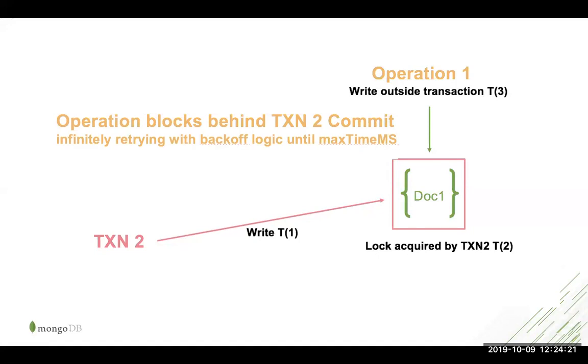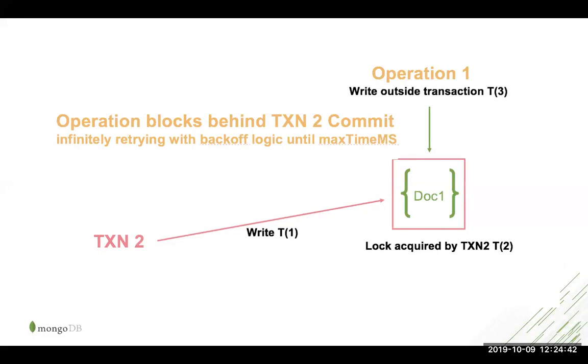So if transaction 2 takes that lock on the document because it has uncommitted writes, and a second operation comes in, a typical MongoDB write, and tries to modify this document, it's not going to be able to obtain the lock.